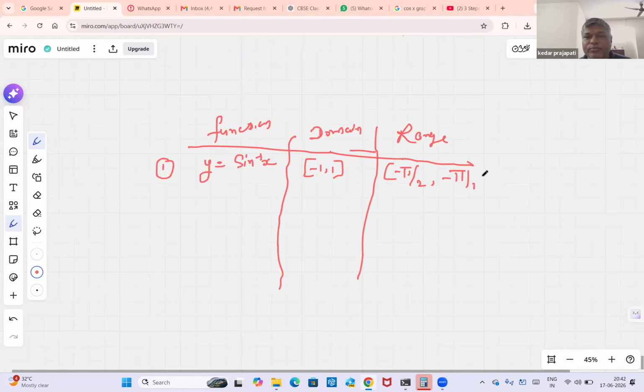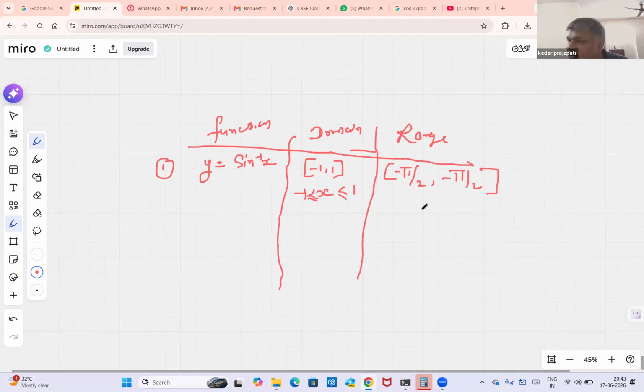Minus pi by 2 to pi by 2, both included. Or sometimes they also give it like this: x is between minus 1 and 1, with equal to, meaning 1 is also included.